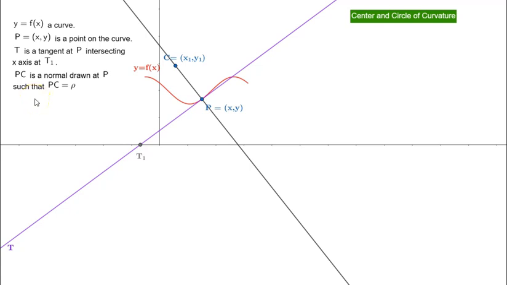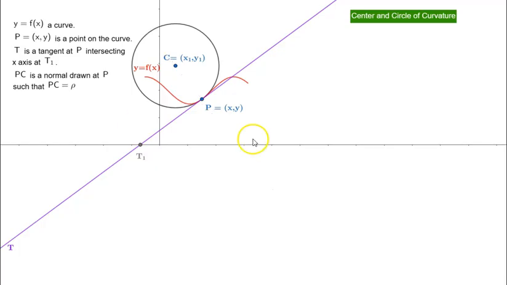So now keeping this PC as the radius and C as the center, let's draw a circle. So this is the center and this is the circle of curvature. Now let me move this point P and see what happens.